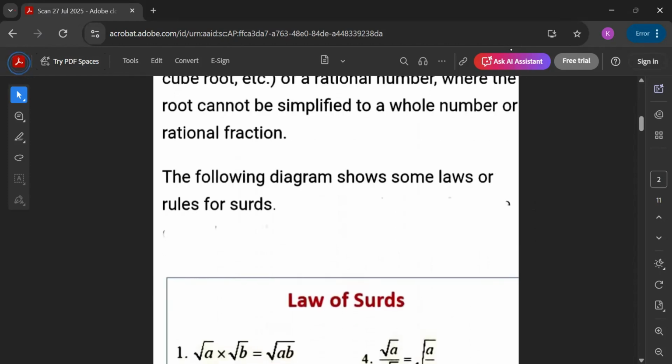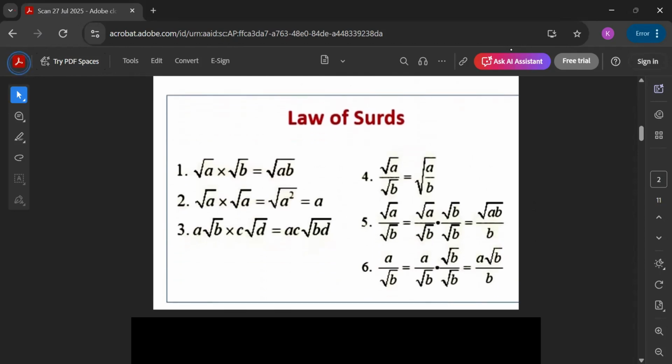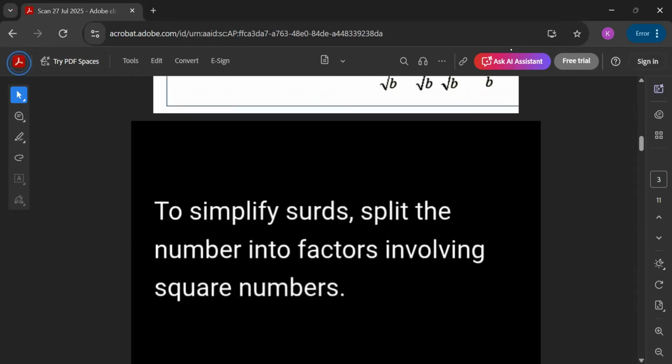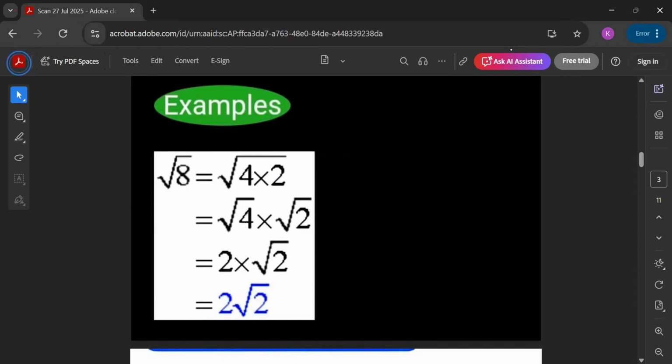There are some laws of surds, multiplication of the square root numbers. When we do the examples, you will have a better idea of these laws. To simplify surds, we have to split the number into factors involving square numbers. For example, the square root of 8, we can resolve in the form of a pair of factors, 4 multiplied by 2.